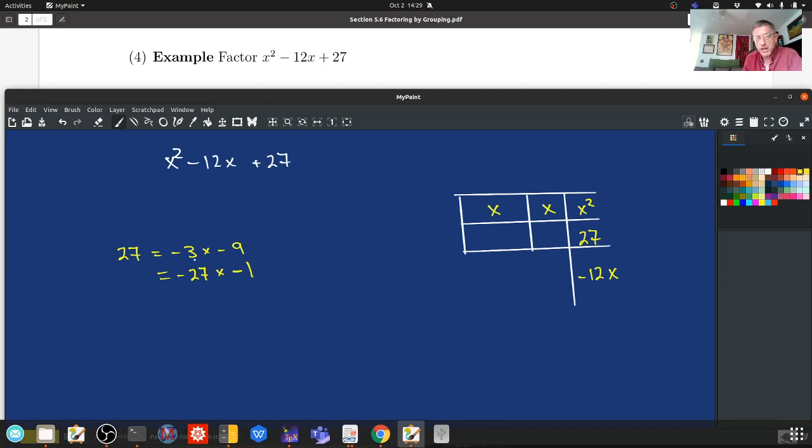So let's try the obvious one. I'm multiplying those two. So let's try minus 3 and minus 9. So minus 3 times minus 9 is plus 27. This gives me minus 3x minus 9x, and minus 3x minus 9x is minus 12x. So I get the factorization.